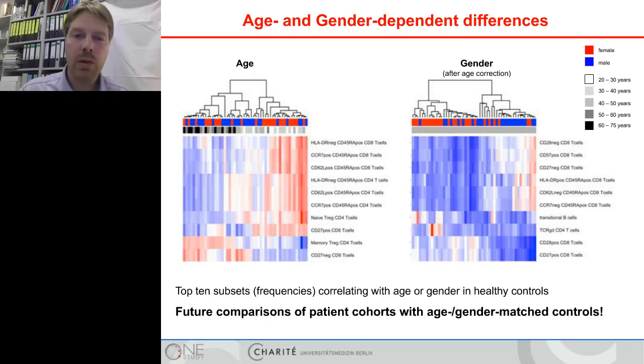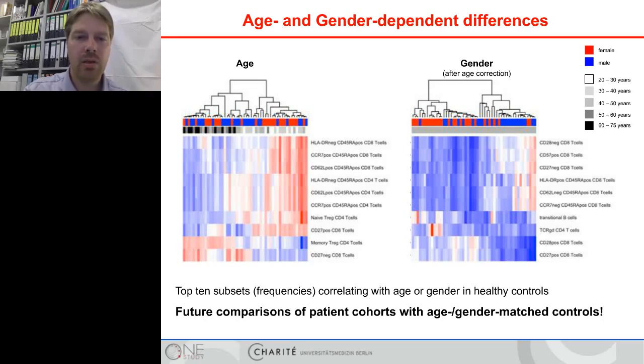Now we did a one-way ANOVA to identify the 10 populations with the highest discriminating capacity between different groups. And you see here the 5 different age groups. In white, the group from 20 to 30 years, and in black, the group from 60 to 75 years.